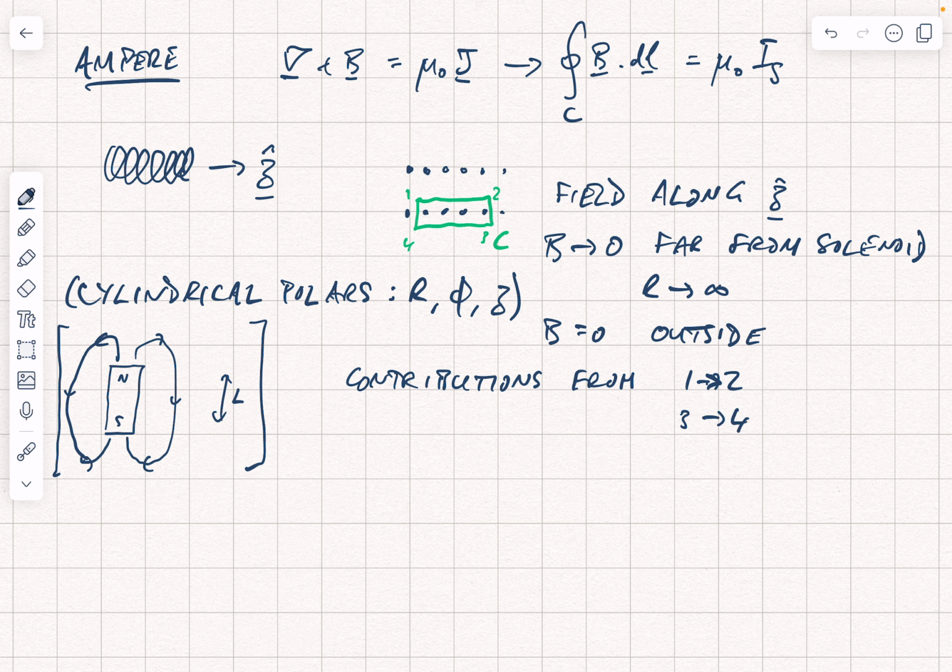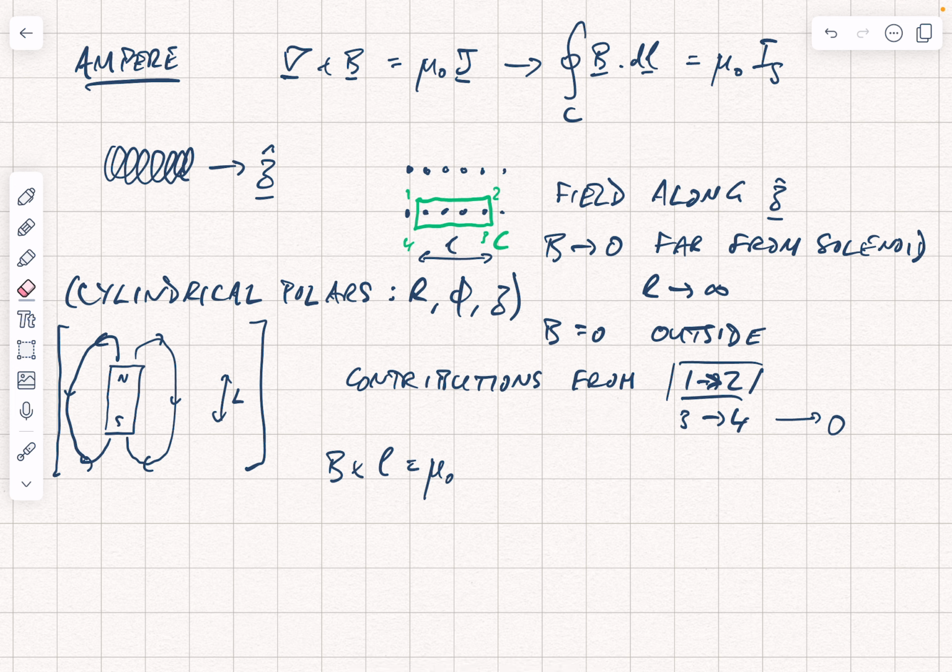We've just argued actually that 3 to 4 will go to 0, so the only contribution that is left is from the line 1 to 2, and therefore we can say that B inside the solenoid multiplied by the length of that loop, L, must equal the total current which is passing through the surface. So there's the mu naught, of course, there.